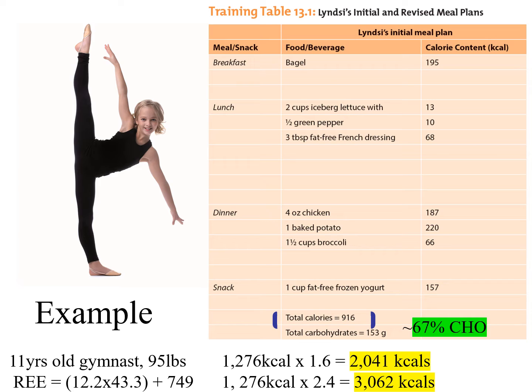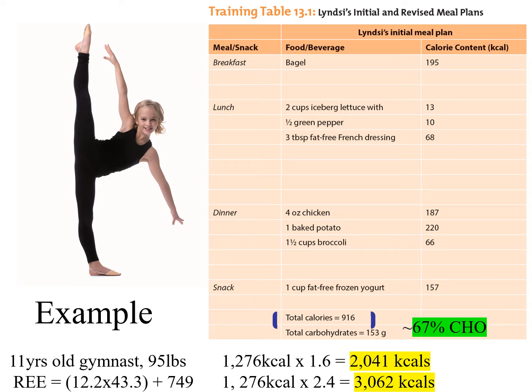And again, we don't do decimal points in kcals, we just do whole kcals. Likewise, we don't want to use a 0.5 in our REE. So this is what was shown as what this individual was eating, and if we look all the way down, we'll see that this individual's caloric intake was 916, which is about half what the recommended value was.